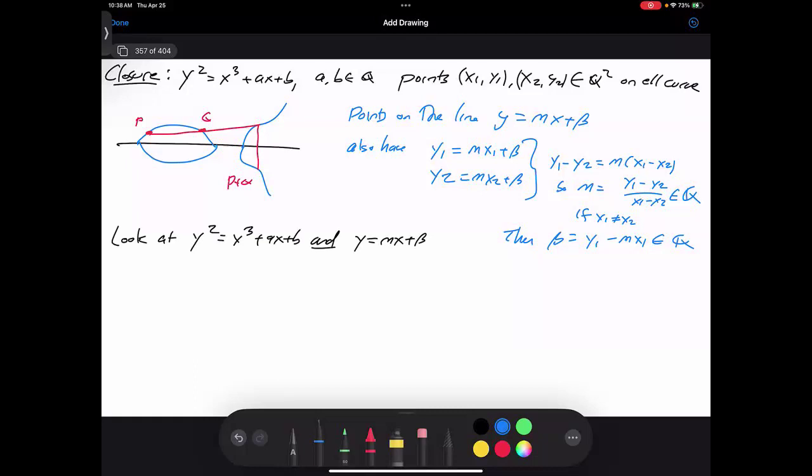So this is then the same as (mx plus beta) squared is x cubed plus ax plus b, or x cubed, if I do the algebra correctly, minus m squared x squared plus (a minus 2m beta) x plus b equals 0. So this is the set of points that satisfy both the elliptic curve and the line. Can you give me any roots of this cubic?